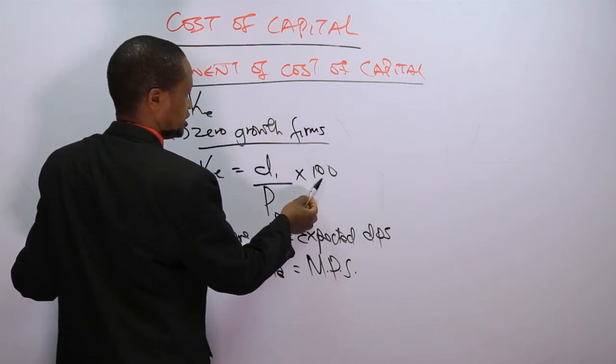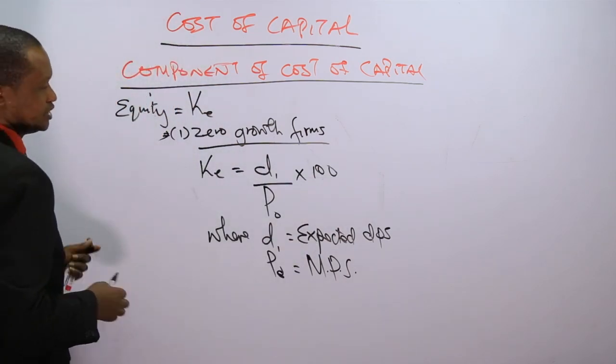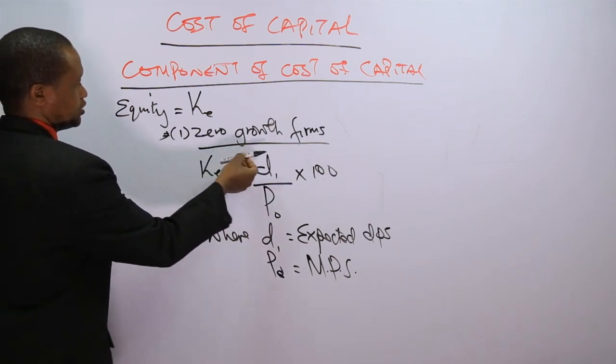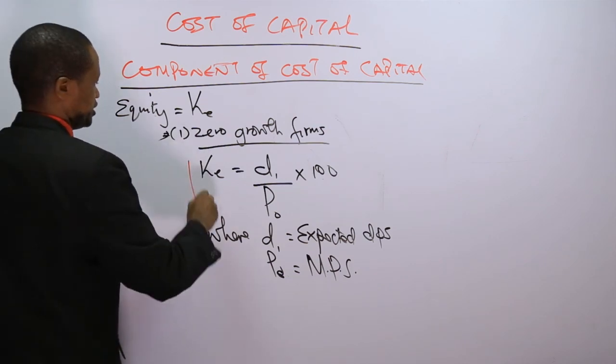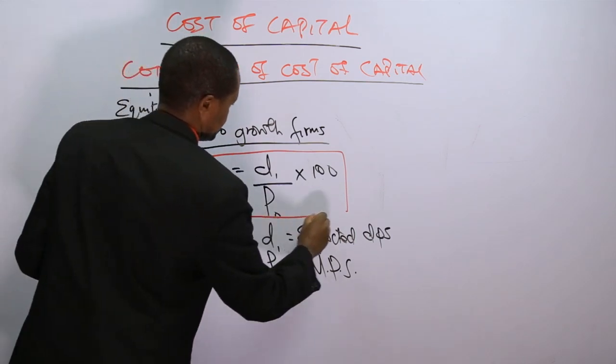Then we multiply by 100 to get a percentage. So that is how you determine the cost of equity for a zero growth firm.